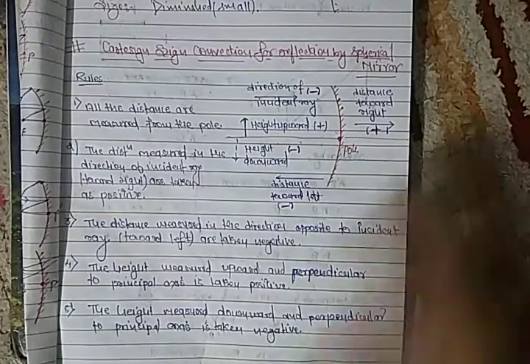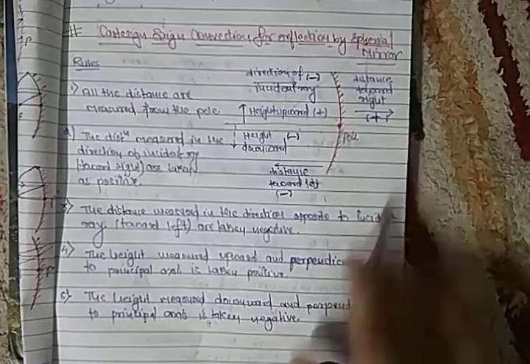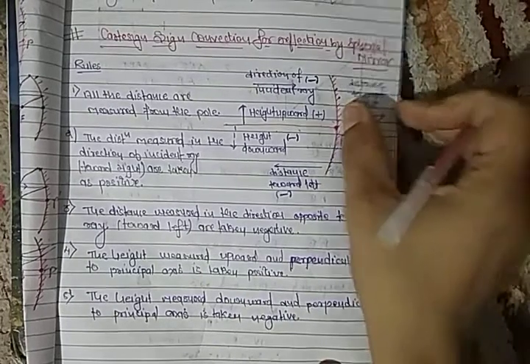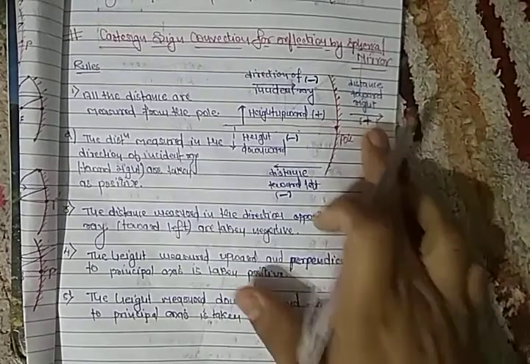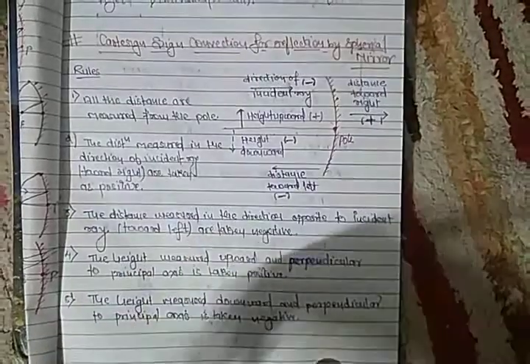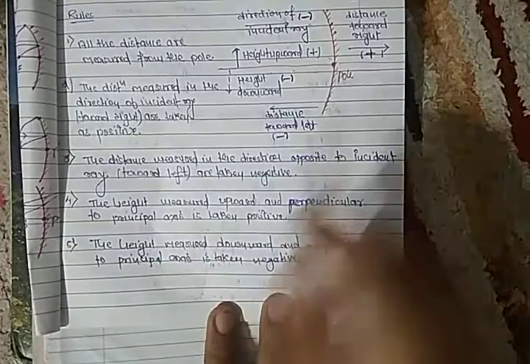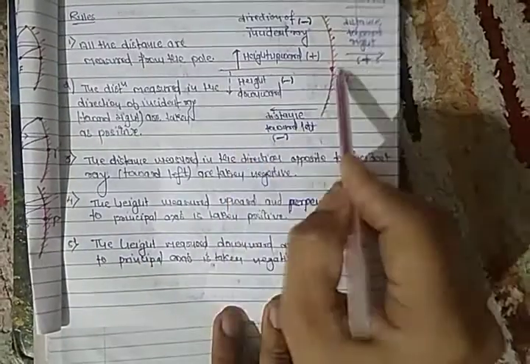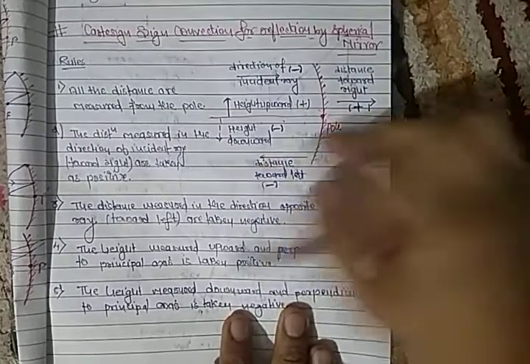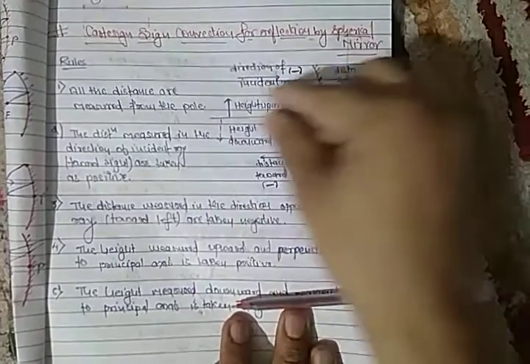Okay, the third one, the distance measured in the direction opposite to the incident ray, means on the right portion. If this is the right portion, this distance is always taken as positive, and the left distance is always taken as negative. Okay, now the fourth one, the height measured in the upward direction. So this is the principal axis. If the object is just above the principal axis, this distance is positive.